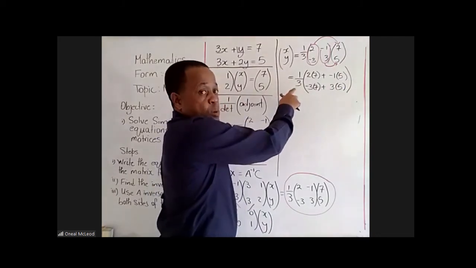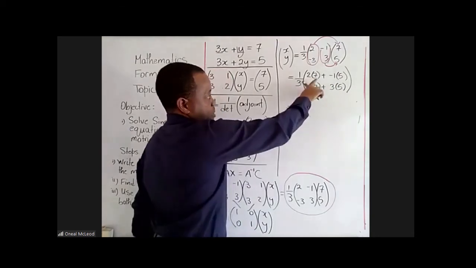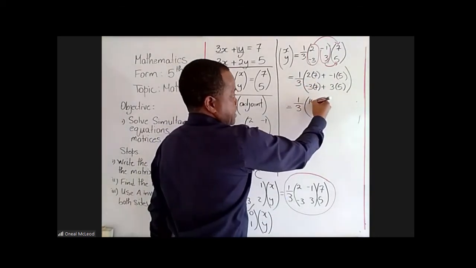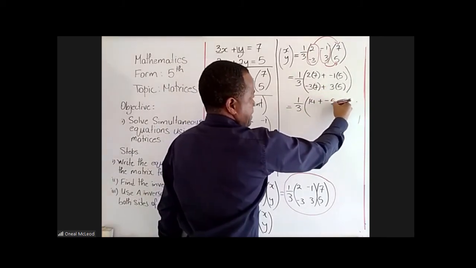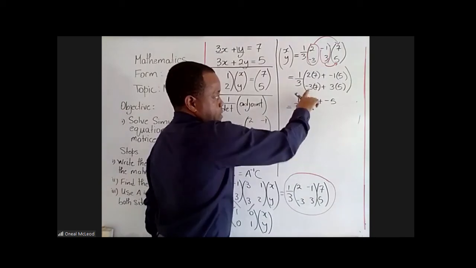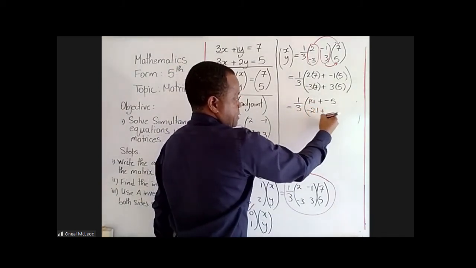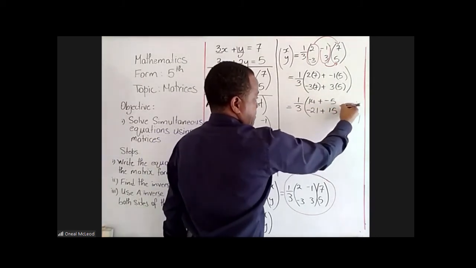We are not ready for our 1/3 just yet, so we still bring it back down. Open bracket, let's work this out now. 2 times 7 will give us 14, plus -1 times 5 gives us -5. -3 times 7 will give us -21, plus 3 times 5 will give us 15.